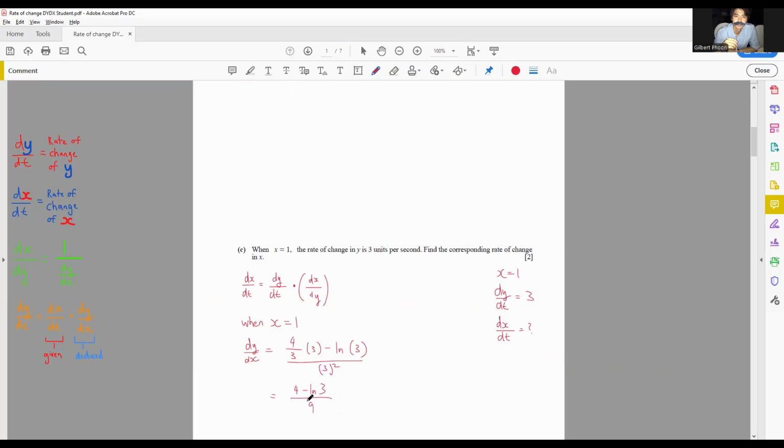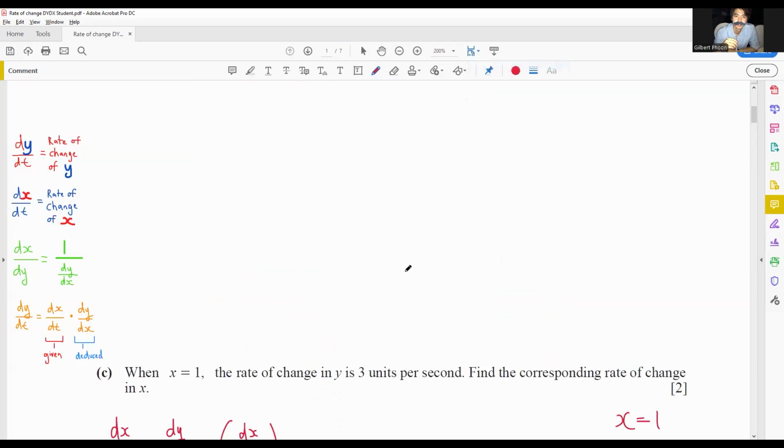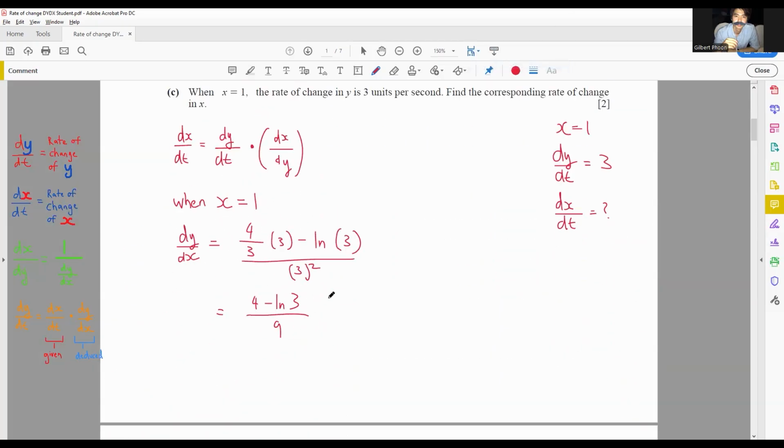This is dy/dx, which therefore means that dx over dy is the reciprocal of this, in other words, 9 over (4 minus ln 3), right? This is your dx/dy.